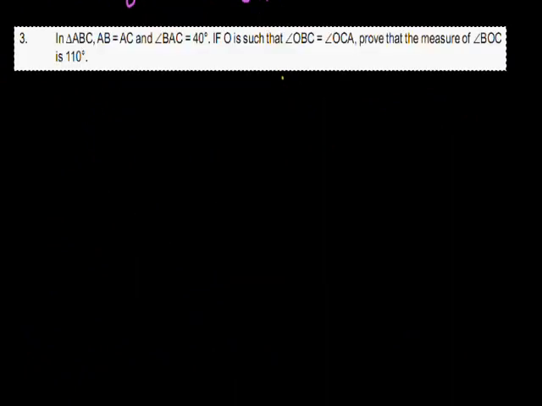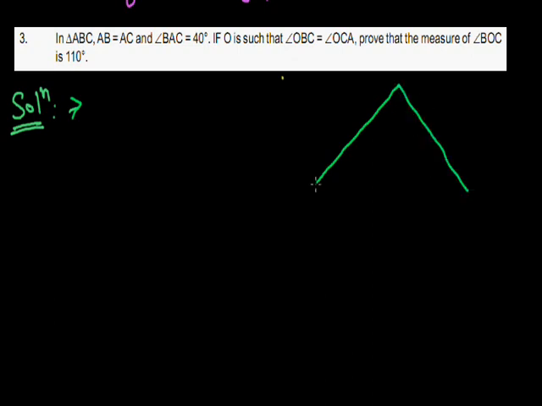Question number 3. The solution of the given question can be given as follows. Let us have a triangle ABC as given in the question, in which AB is equal to AC, and angle BAC is given as 40 degrees. O is a point in the interior such that angle OBC is equal to angle OCA.